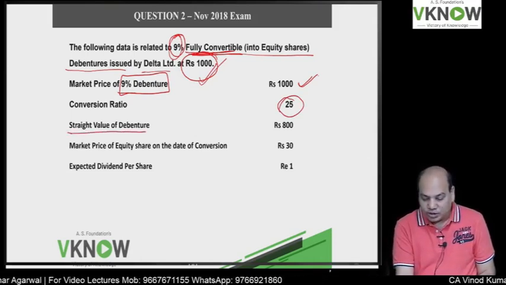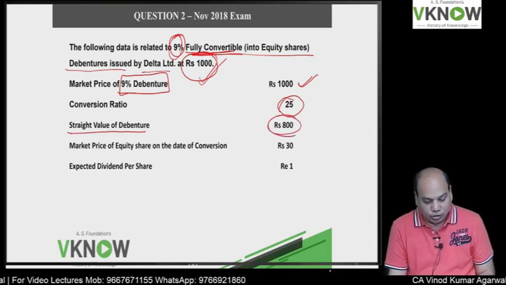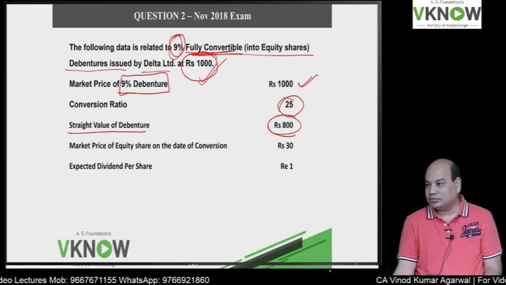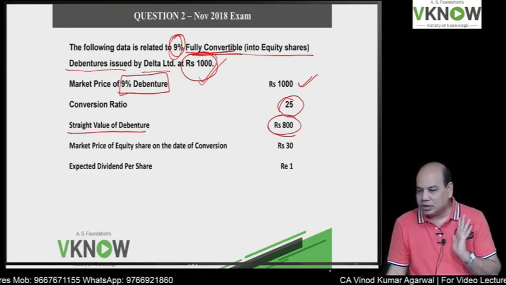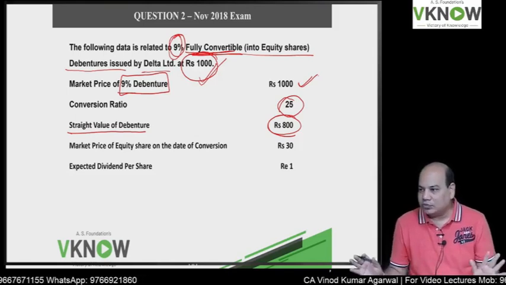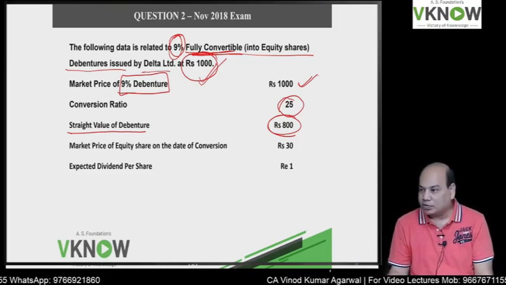Straight value of debenture is 800. Straight value of debenture means if there was no conversion option, that means there was no conversion feature, it was a plain bond without any additional feature, how much would the price be?